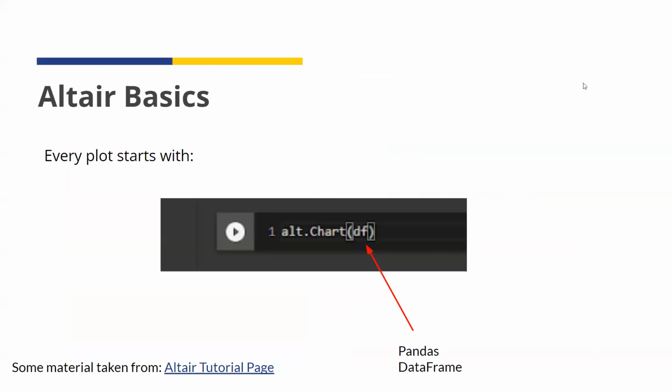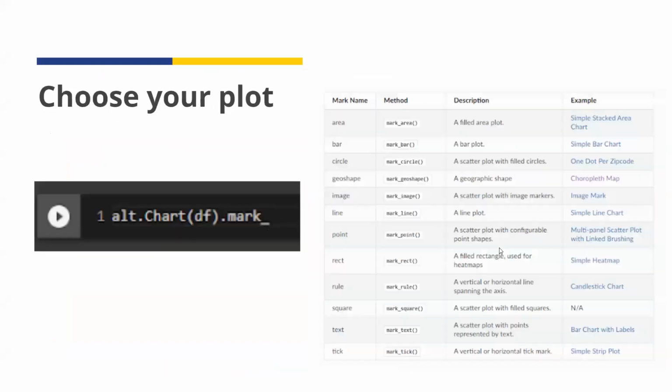These are just some of the basics of using Altair for your reference. Every time we plot, we're going to start with passing in our data frame, or whatever it is that we're using as our data. In this case, it's a pandas data frame, which you should all probably be familiar with, into our chart function.